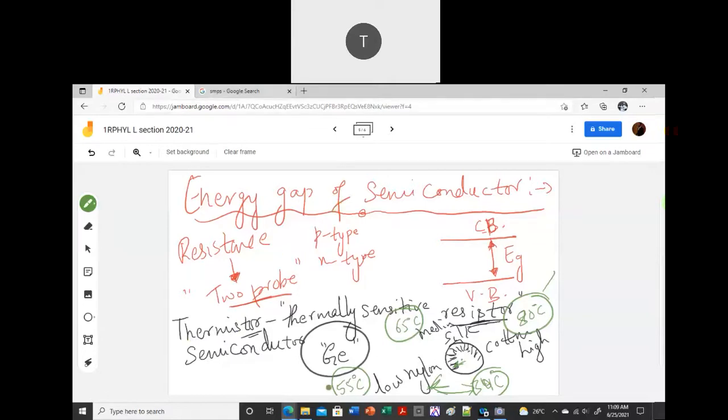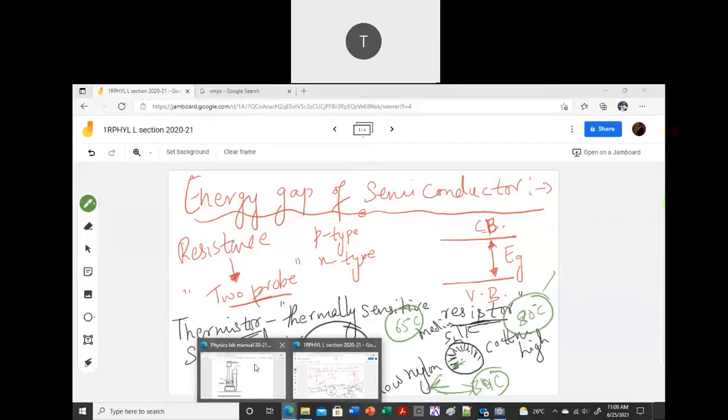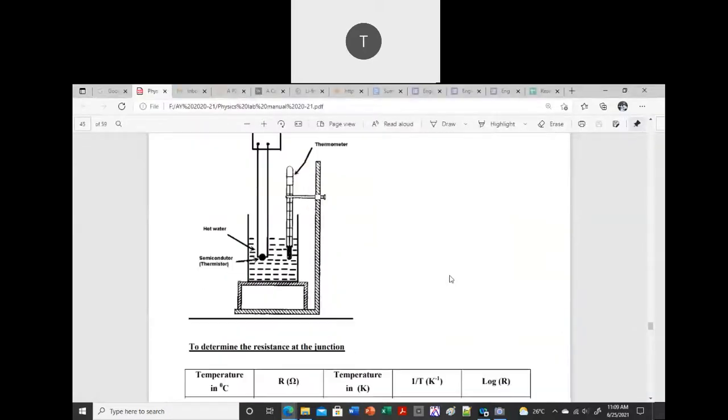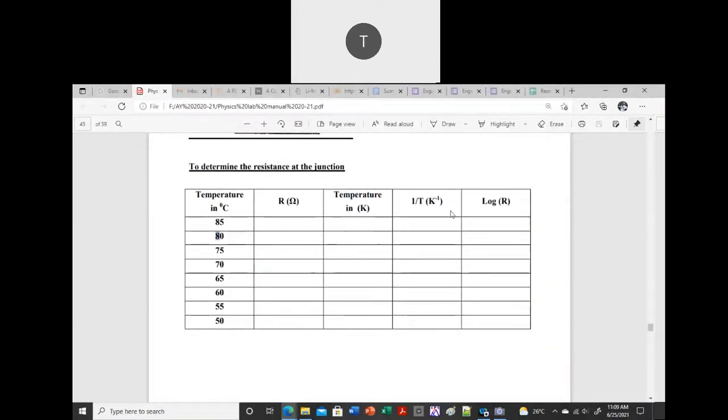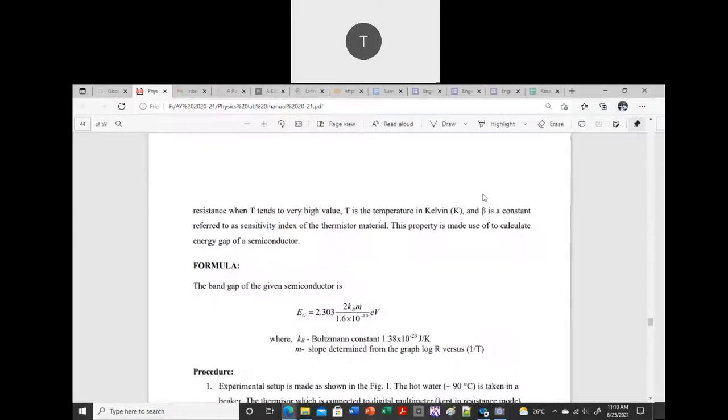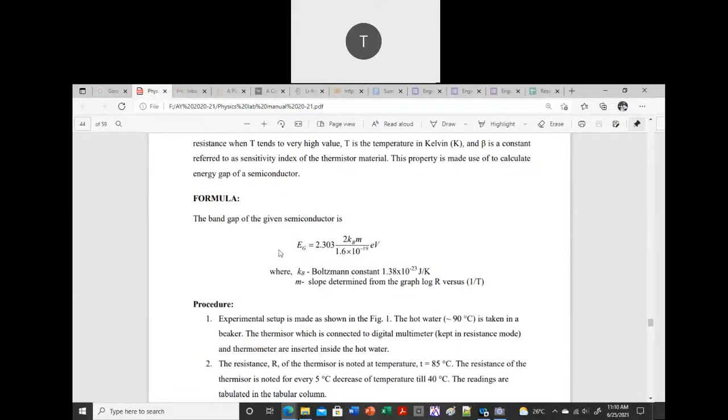Okay. So now coming back to your experiment, in this case, what you are going to do is collect the data, resistance at different temperatures, and then make a graph of 1 by T versus log R. Okay, so then you are going to use this formula: E is equal to 2.303 into 2 k_B m by 1.6 into 10 raised to minus 19 electron volts.